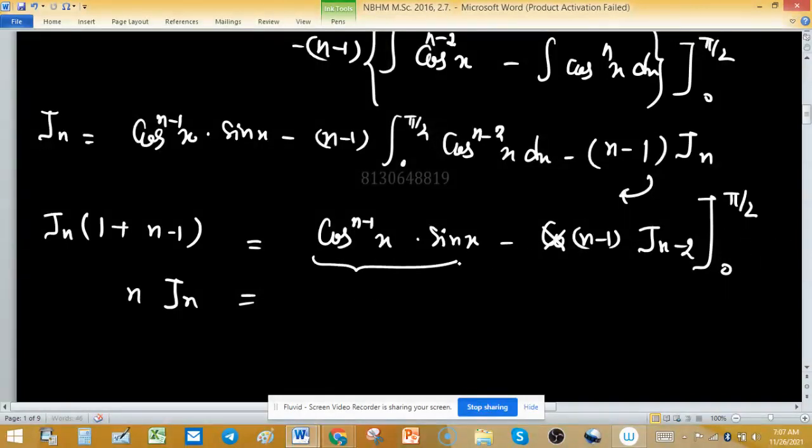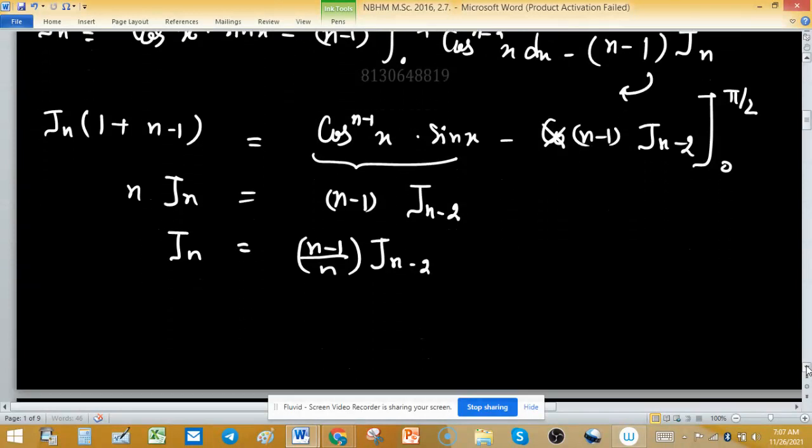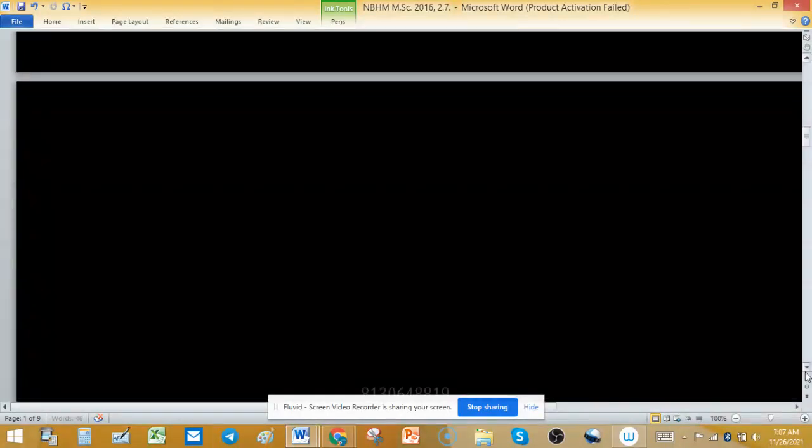The first term will go to 0 because cos pi by 2 is 0, and at the lower limit sin 0 is 0. So finally we have n Jn equal to (n-1) J(n-2). So Jn can be written as (n-1) upon n times J(n-2). This is the expression I obtained.